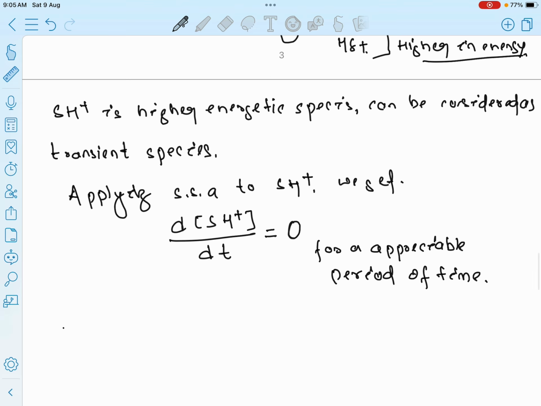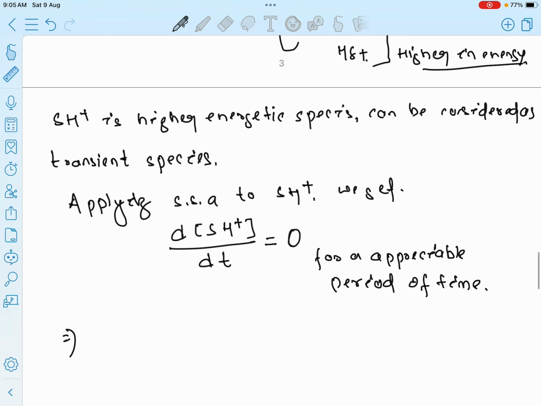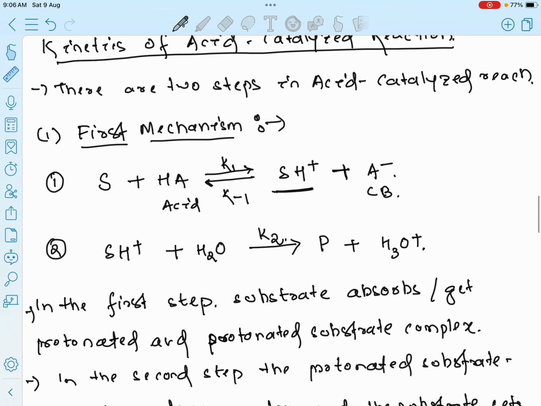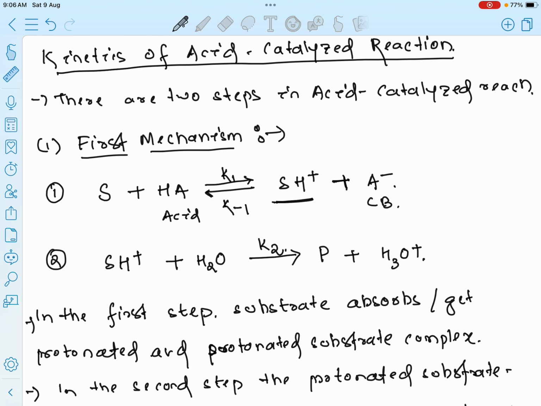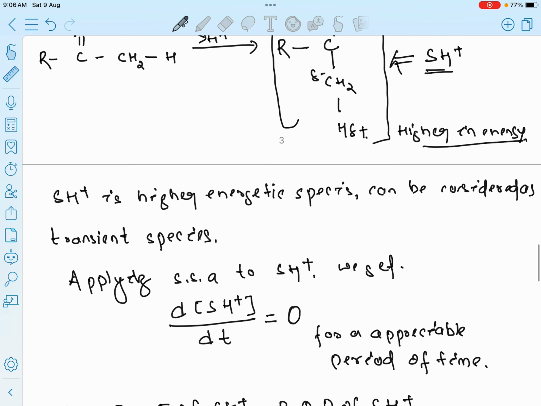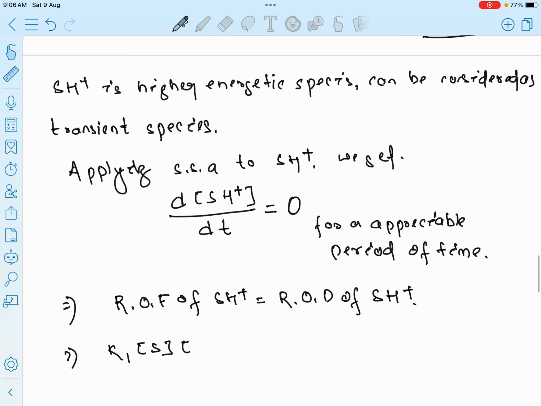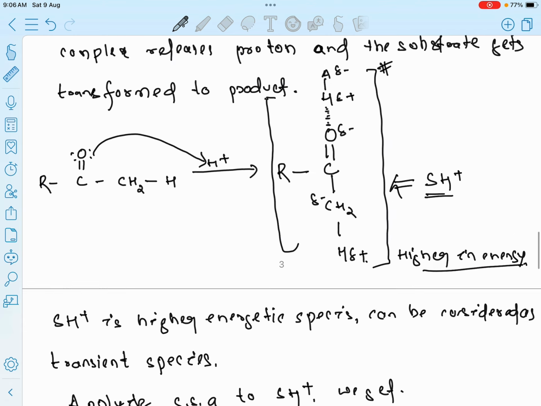Okay, so in which step? That means this can only happen if the rate of formation of SH plus is equal to the rate of deformation of SH plus. So in which step is SH plus formed? In the first step only. In the first step only it is formed. That means the rate will be equal to the rate constant multiplied by the reactant concentrations, that is S and HA concentration.